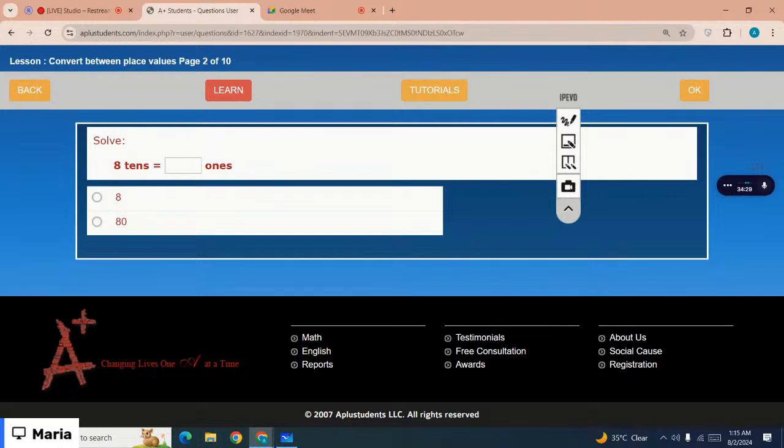Okay, the next one is 8 tens. So you have 8 tens. How many ones do you have?